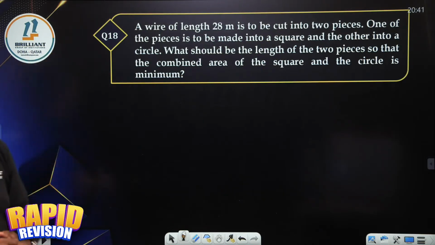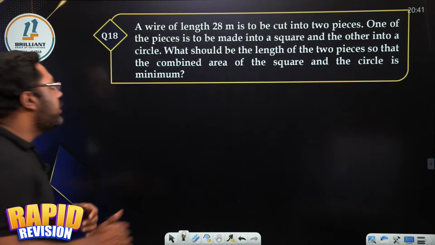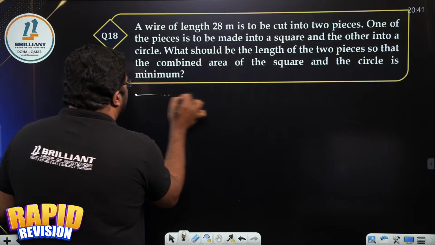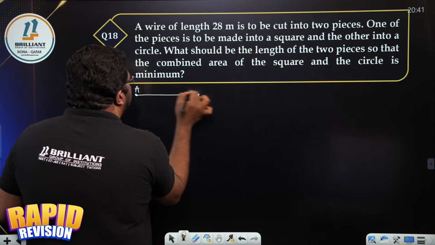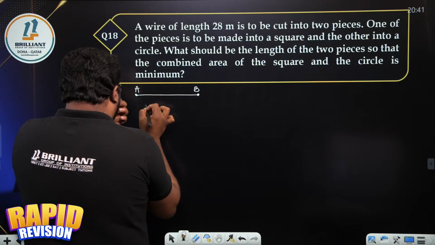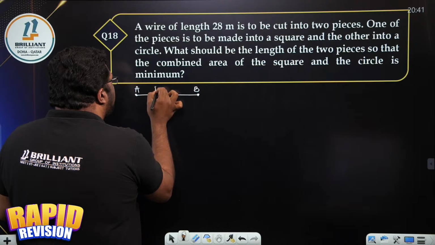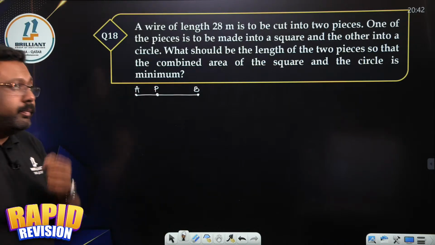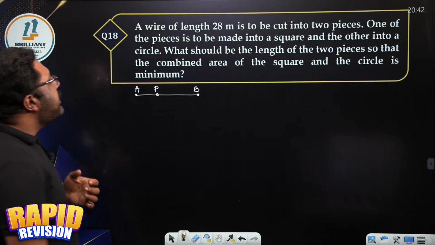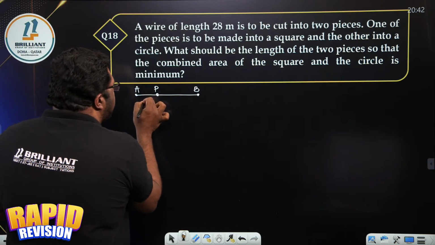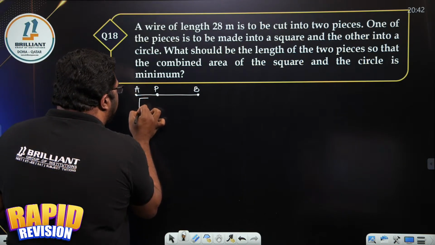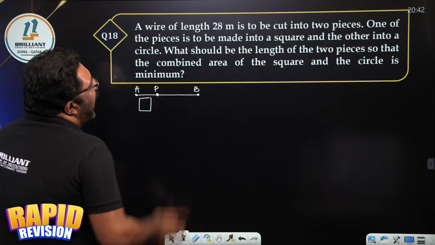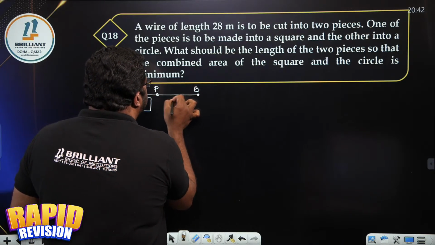They're cutting a wire of length 28 meters into 2 pieces. Let the wire be AB, 28 meters, cut into 2 pieces at P. One of the pieces is made into a square. So let me say that AP is made into a square and the second piece is made into a circle.